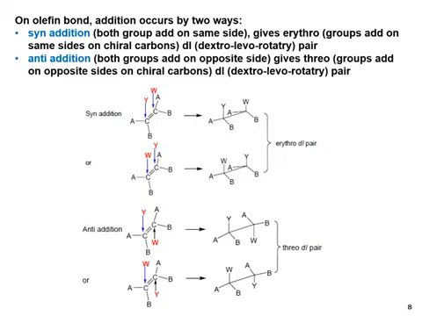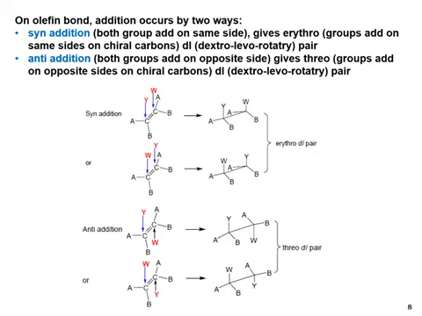Syn addition gives the erythro product, meaning the DL pair. And the second fashion is anti, meaning both incoming groups add on opposite sides. In the first type, syn addition, you can see W and Y are the incoming groups and add on the double bond on the same side.